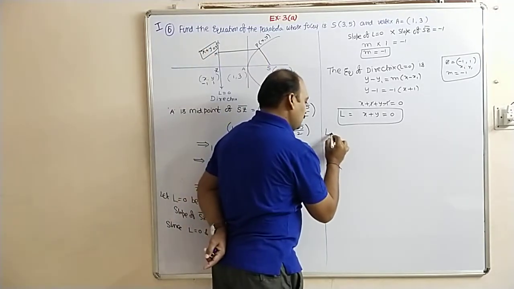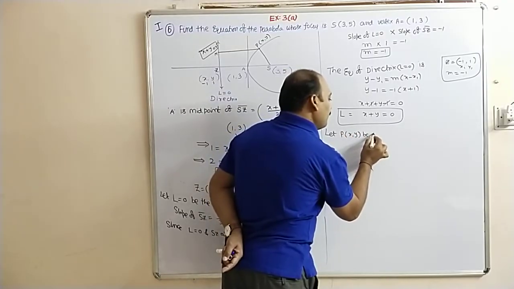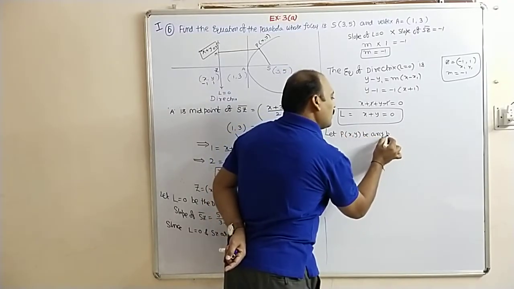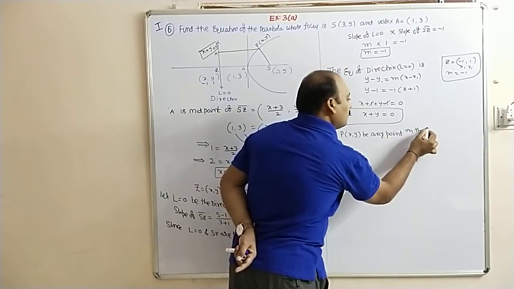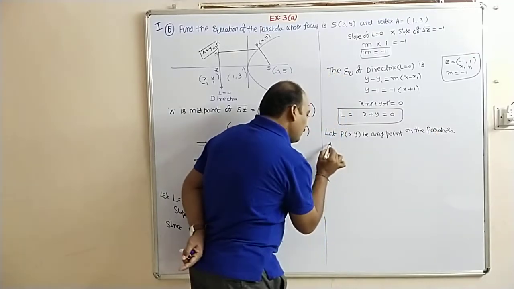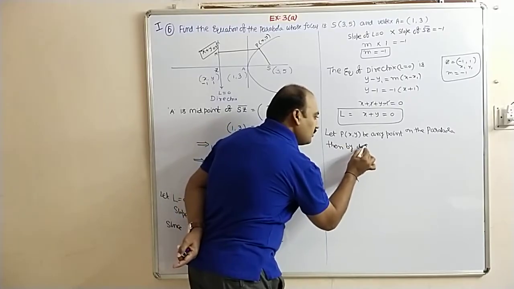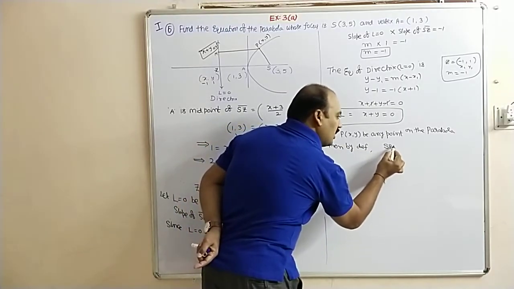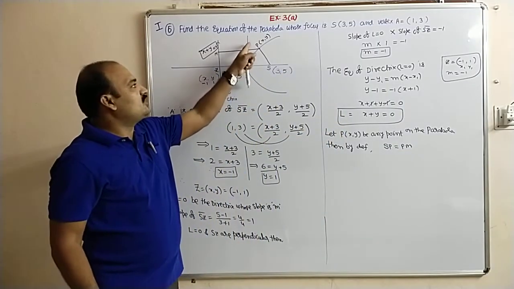Let P of x comma y be any point on the parabola. Then by definition SP equal to PM. SP means distance between these two.